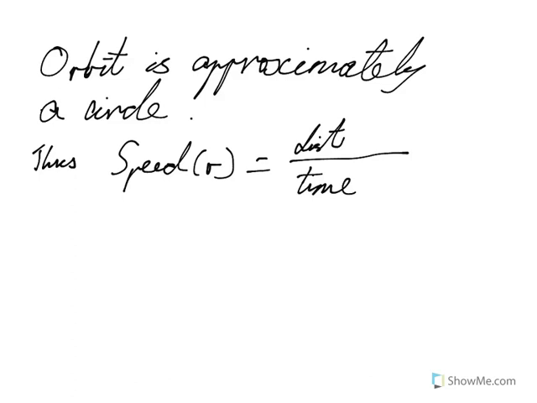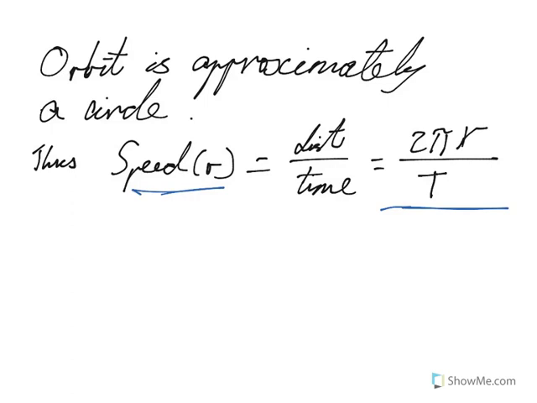Now, if it's approximately a circle, the distance it travels is the distance around a circle, which we call the circumference, 2 pi r, where r is the radius of its orbit. And the time for one orbit is called the period, T. So 2 pi r on T applies for our speed.